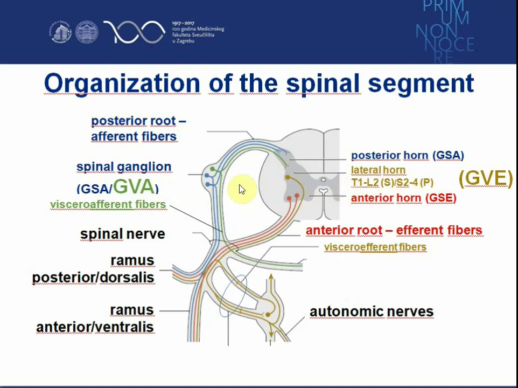Parasympathetic fibers for the rest of the abdominal and all thoracic organs originate from the 10th cranial nerve, the vagus nerve, and could also be found in some other cranial nerves.